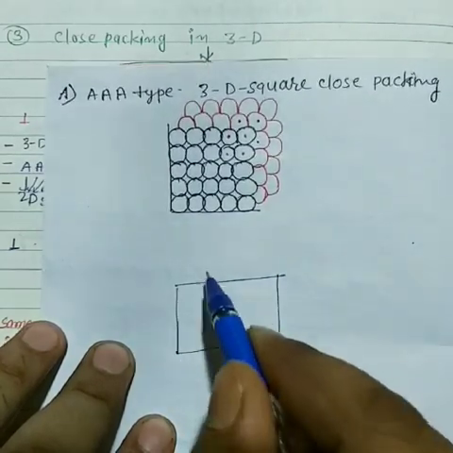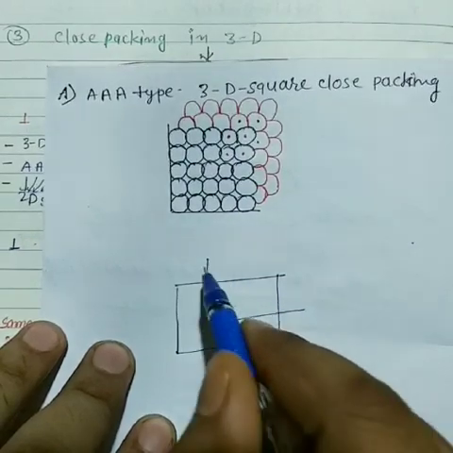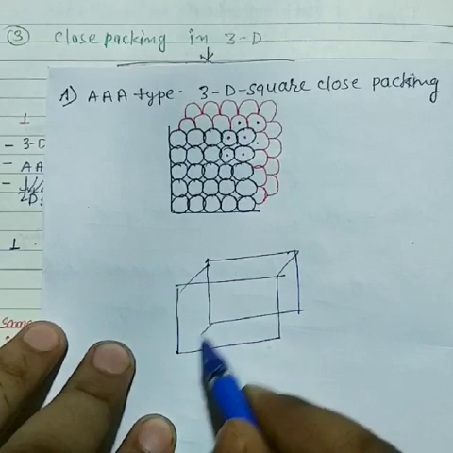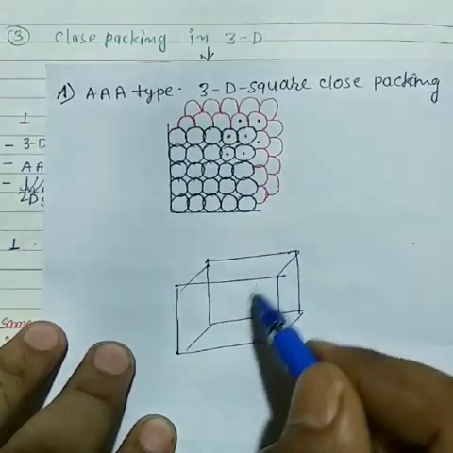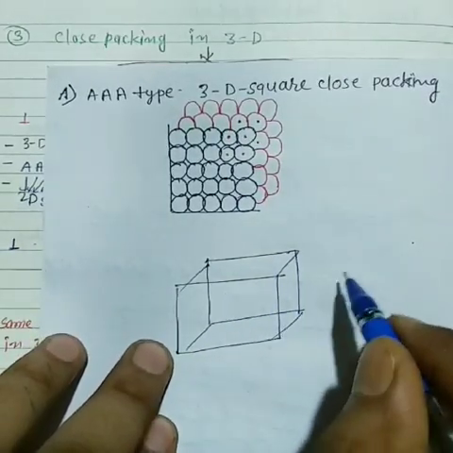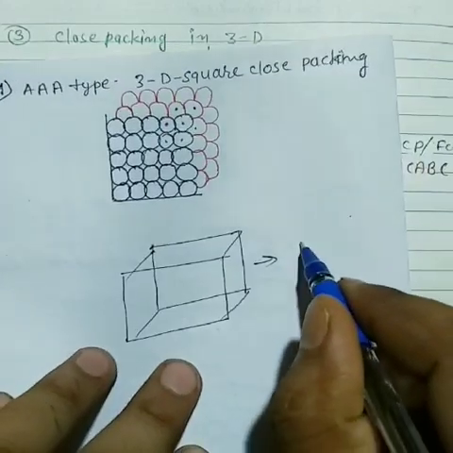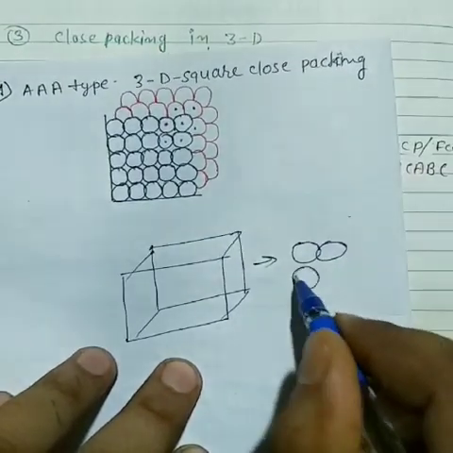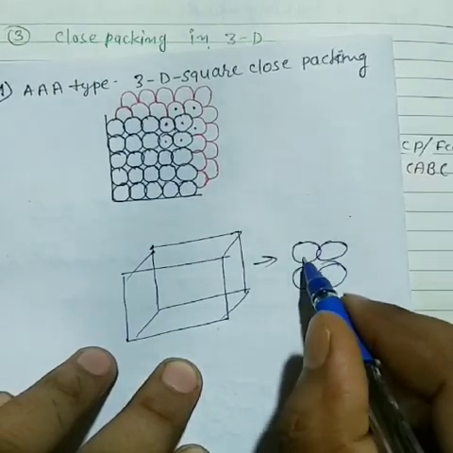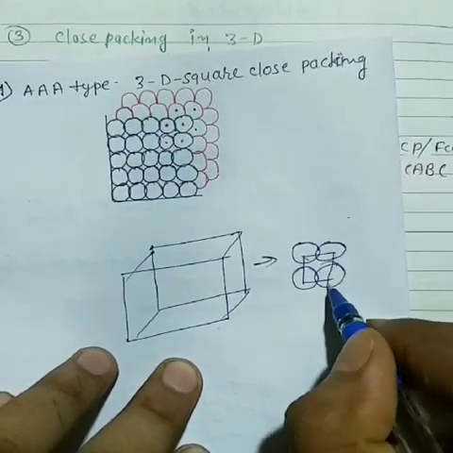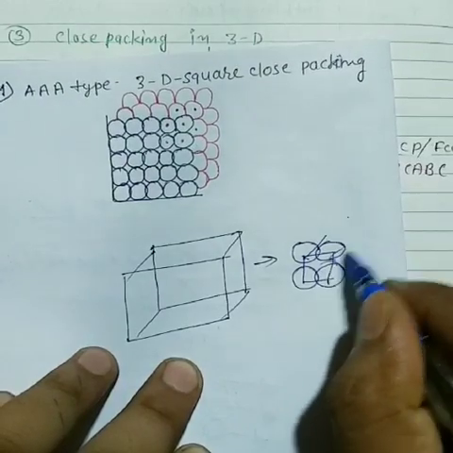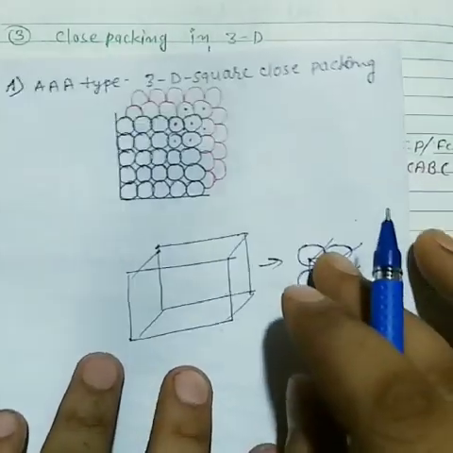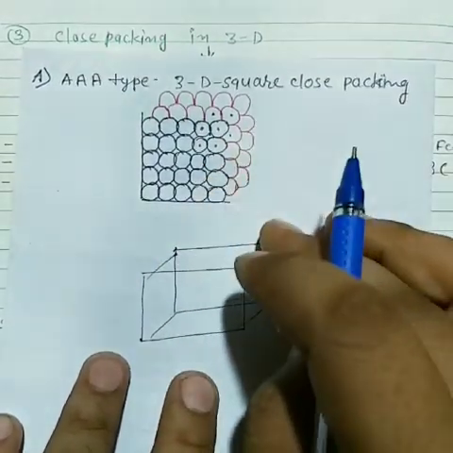Now see here, if I draw a crystal here, see how to draw it in this crystal also. Now this looks like a 3D. So here it also looks like a 3D.